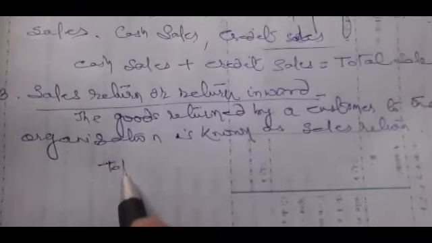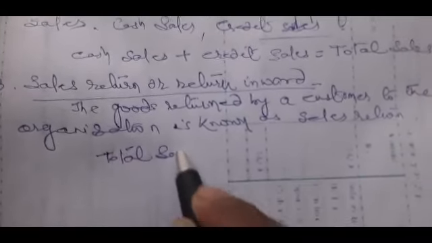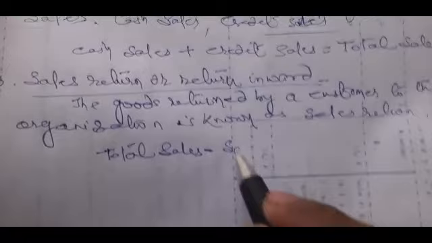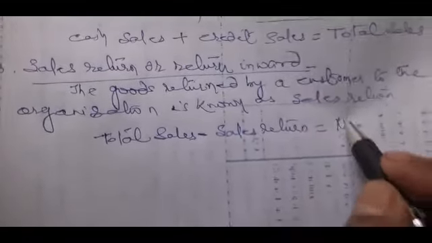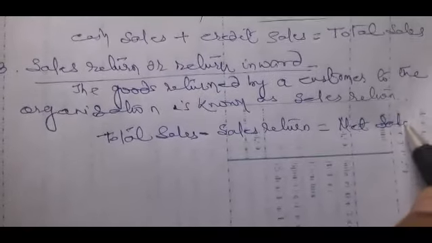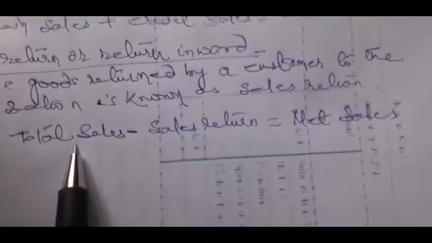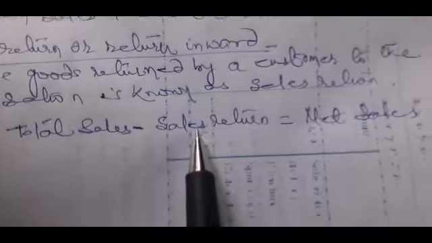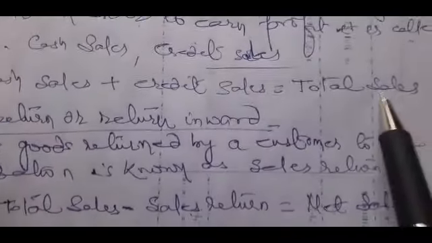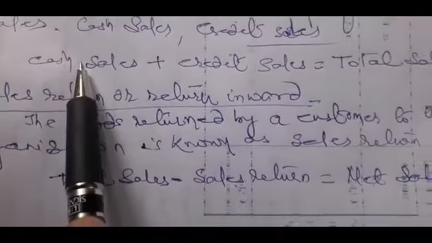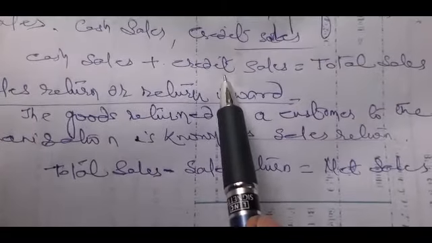The total sales minus sales return gives us net sales. And what is total sales? Total sales is equal to cash sales plus credit sales.